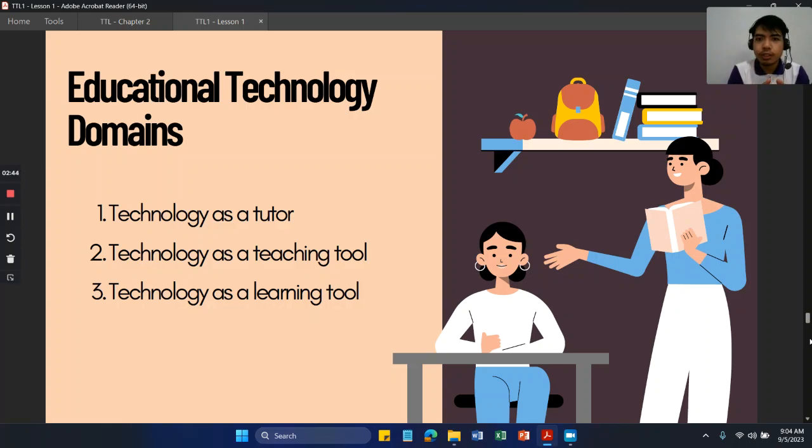Okay? Then, this asynchronous session, itong buong recording na to, is also an example of the utilization of technology as a teaching tool. Okay? Even nga po na ito ay asynchronous session, hindi po siya real-time talaga na nangyayari. Technology is still used as a teaching tool. Okay? Basta ito ay gawa ng teacher or manipulated ni teacher.